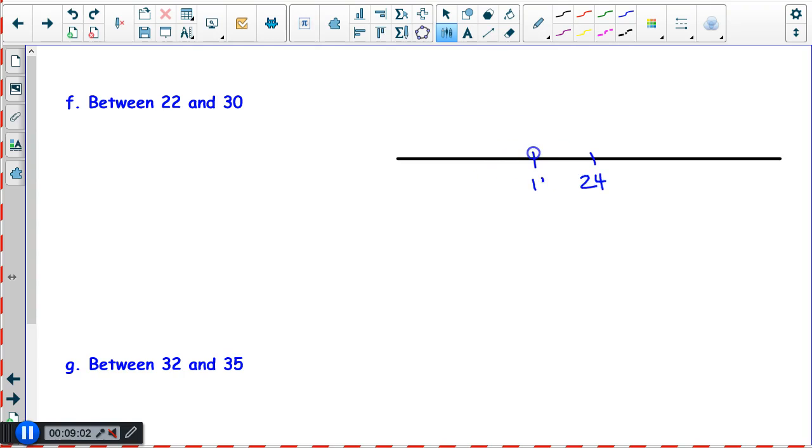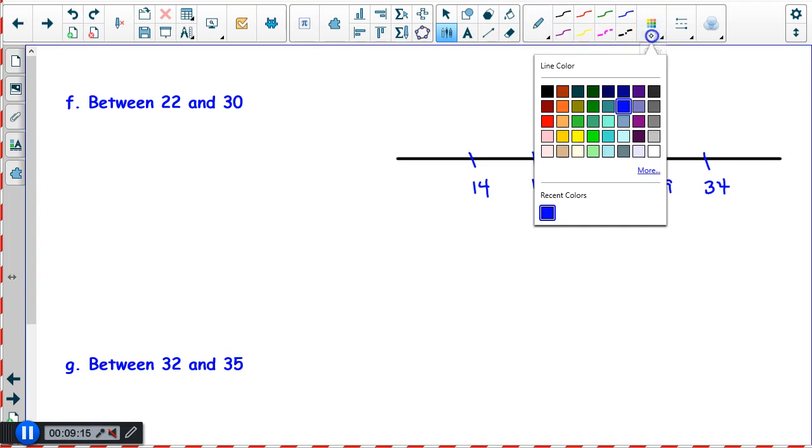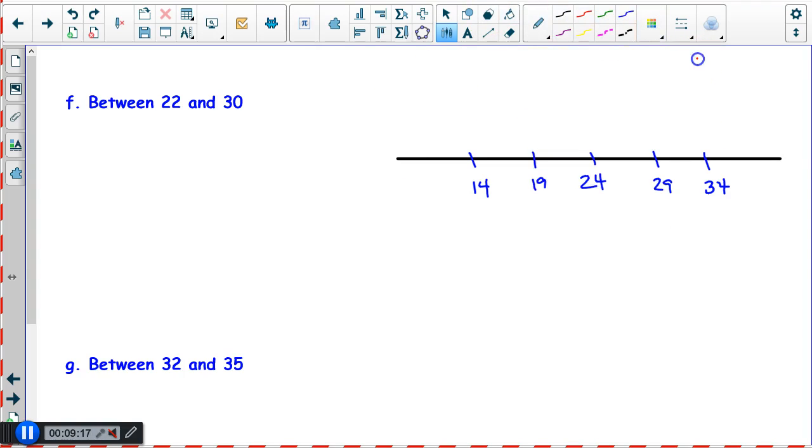And then minus 5 was 19, plus 5 was 29. And then I could keep doing that, so 14, 34. Clearly, I'm asking from 22, which would be somewhere right in here, right? 22 to 30, which would be here. So how can I find the probability between those two? Find the probability of them both and subtract.